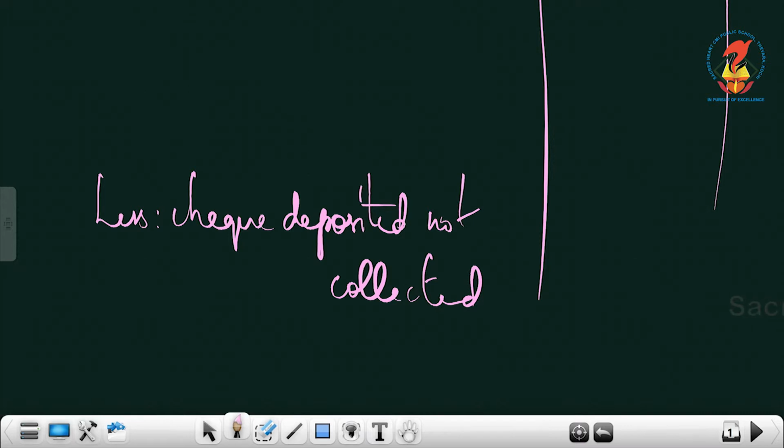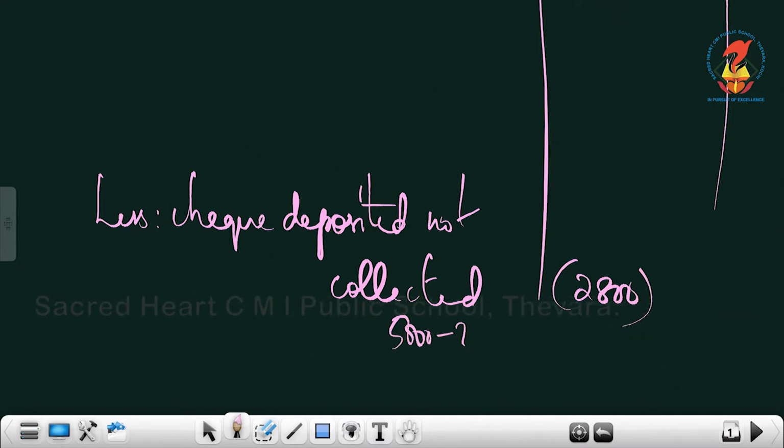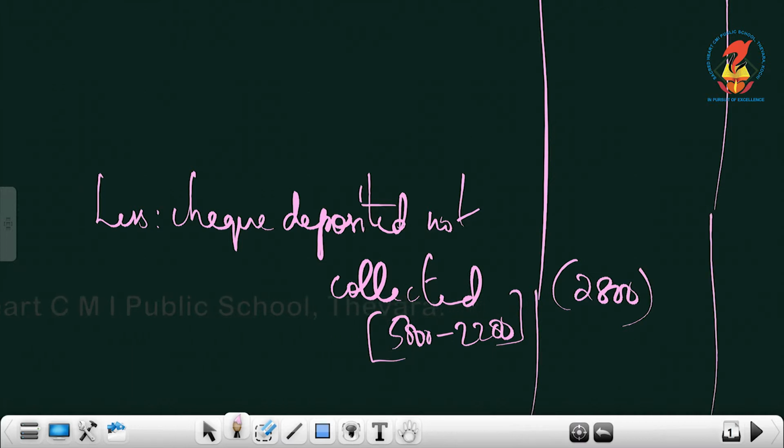Amount columns need to be very small, just to write the figures. So the amount here we have to write is 2,800. Yes, the difference 5,000 minus 2,200. That's how we got this figure. 2,800 be deducted.